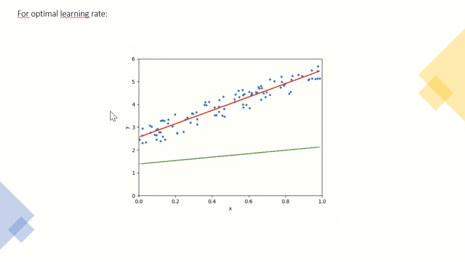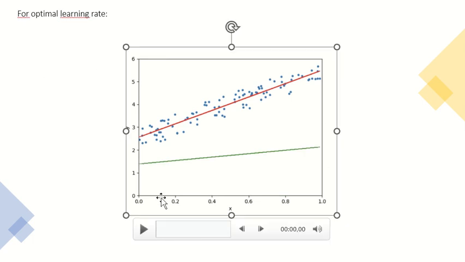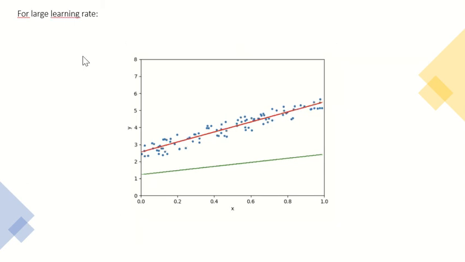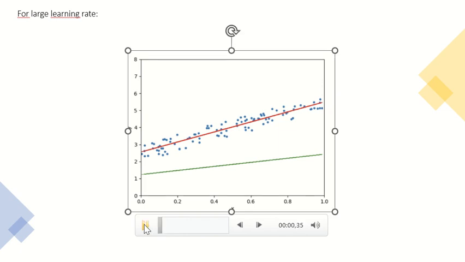If we start our optimization process with an optimal value for the learning rate, it looks like this one, and we have reasonable steps here, and we can reach our optimal line easily. Now when we have a large learning rate, it looks like this one.